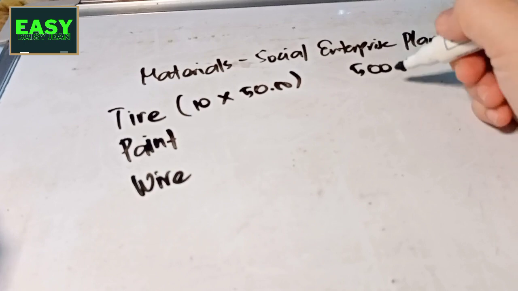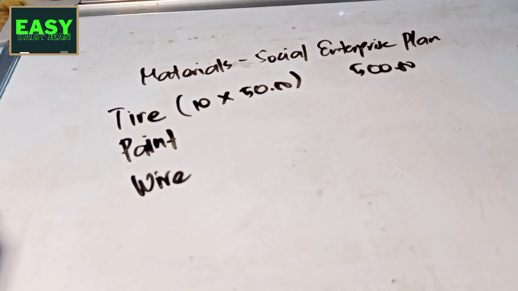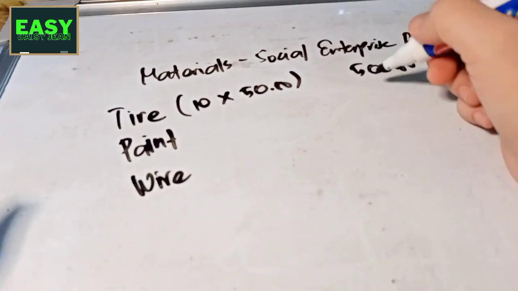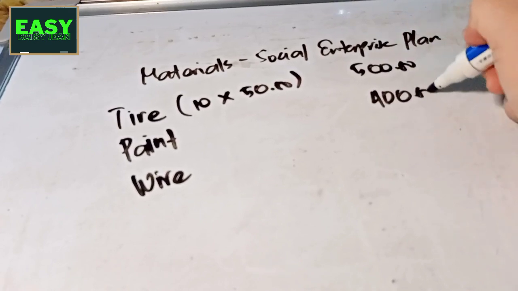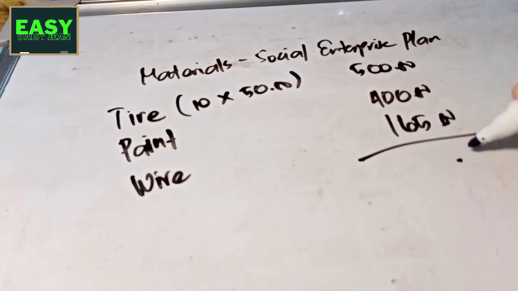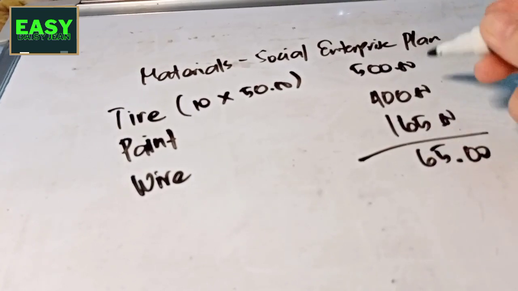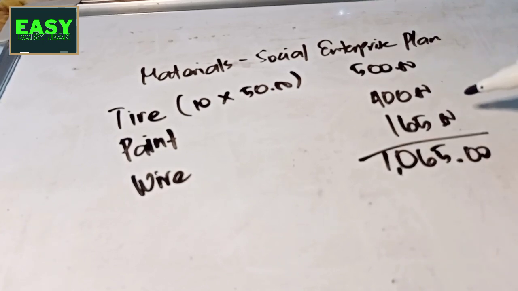Now the amount for paint is, let us say, 400, and then for the wire is 165. So a total of 1,065 pesos, right? So that is your expenses.